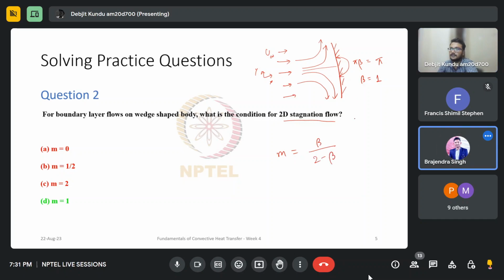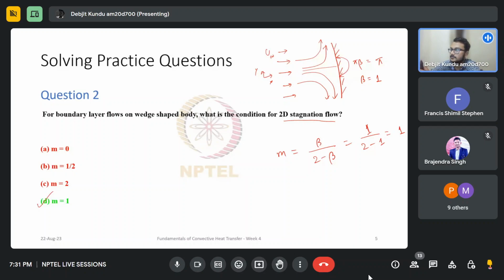So if I just plug in this value of 1, this becomes 1 divided by 2 minus 1, which is equal to 1. So simple solution. Okay. Any questions regarding this? Clear, right?